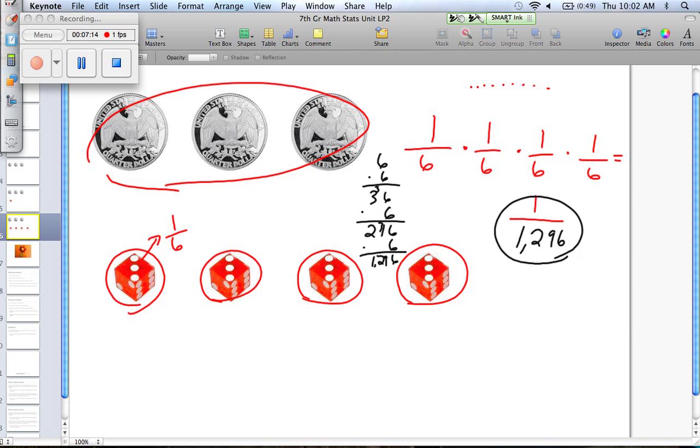Which is also the same thing as 6 to the 4th power. Because we're increasing our sample space exponentially, from 6 to 36 to 216 to 1,296. Pretty straightforward. You calculate each event's probability and then just multiply them across.